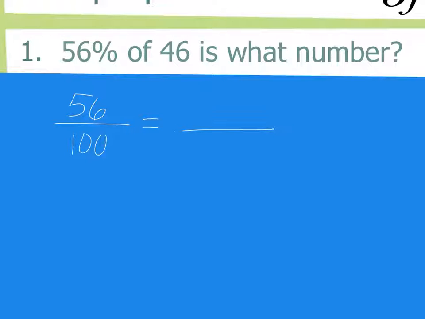When you see the word of 46, it's saying out of 46. So that means 46 would go in the denominator. And n is my unknown number. 56 is to 100 as how much is out of 46?